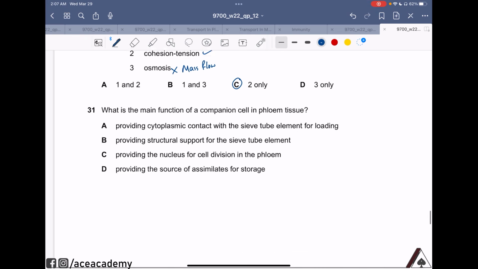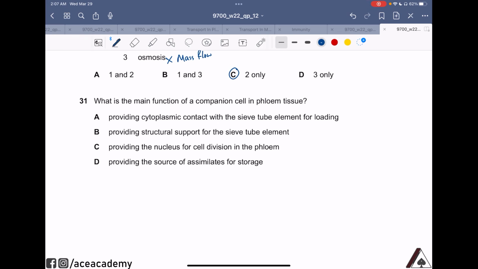Number 31. What is the main function of a companion cell in phloem tissue? Providing cytoplasmic contact with the sieve tube for loading. This is correct because there are plasmodesmata between the sieve tube element and the companion cell. Providing structural support? No, it's metabolic support rather.